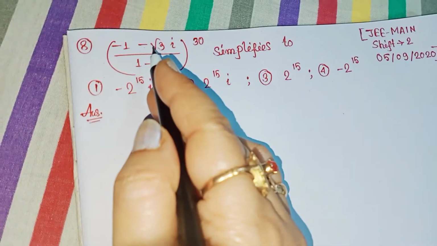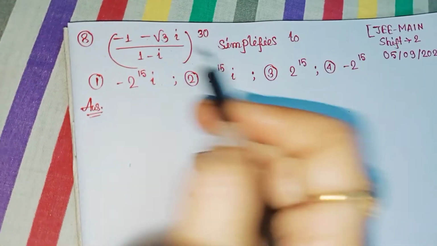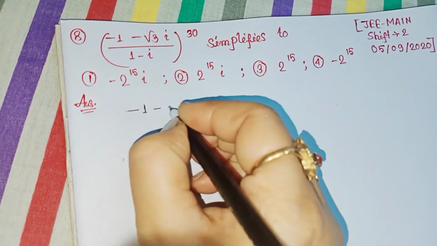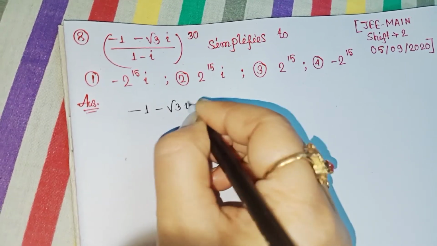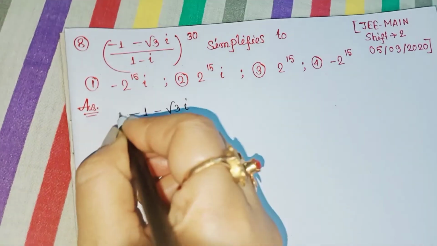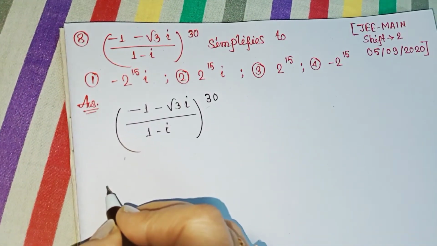Just simplify in Euler's form. This is the given expression, and we convert this into Euler form.